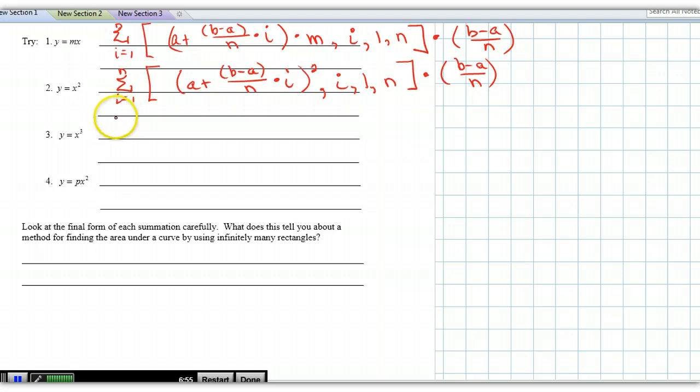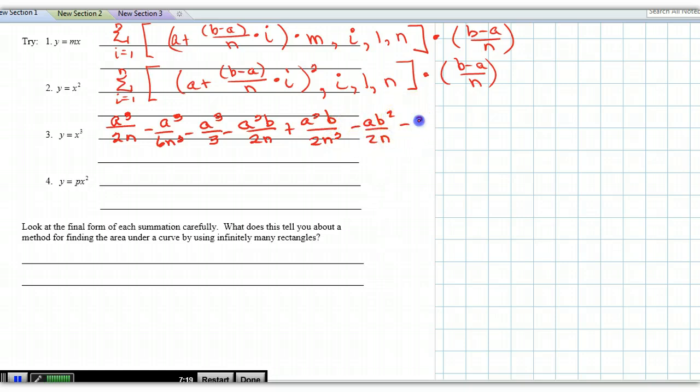When we expand this out, we're going to get a cubed over 2n minus a cubed over 6n squared minus a cubed over 3 minus a squared b over 2n plus a squared b over 2n squared minus ab squared over 2n minus ab squared over 2n squared plus b cubed over 2n plus b cubed over 6n squared plus b cubed over 3.